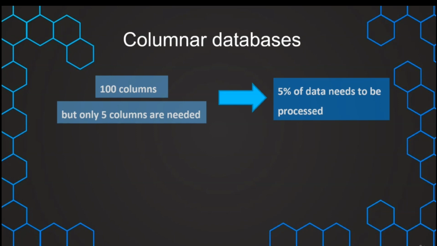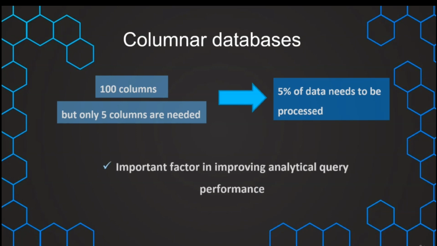And with that, we have, of course, now much less data that needs to be processed, and this is now much faster and much more efficient if we want to improve our analytical query performance. That's why in the modern data warehouses, especially in the cloud data warehouses, they use these columnar databases. And nowadays, this is also a very important factor in terms of our query performance.